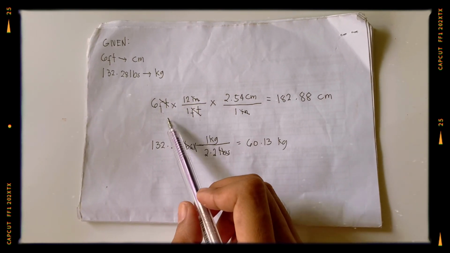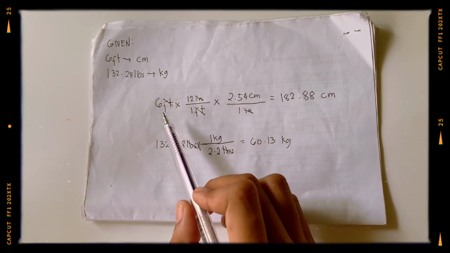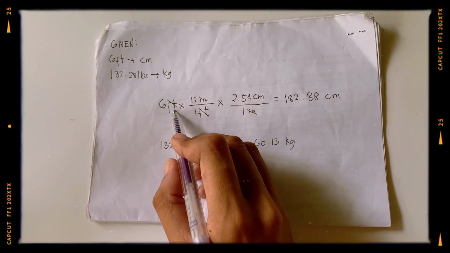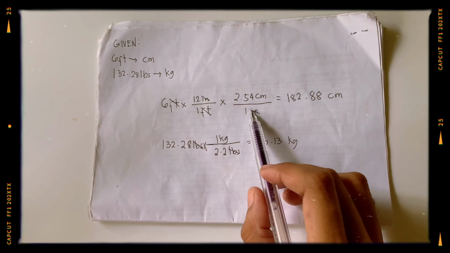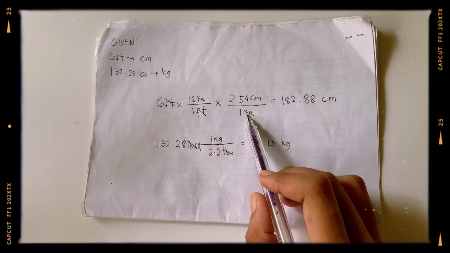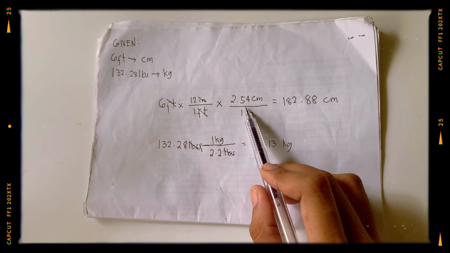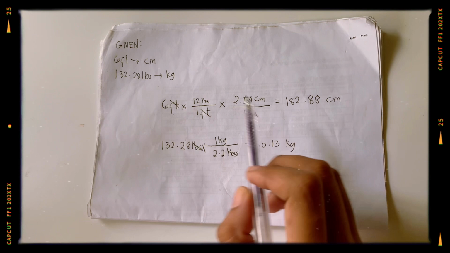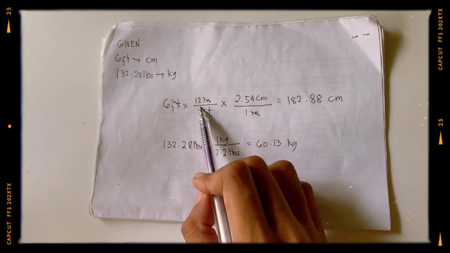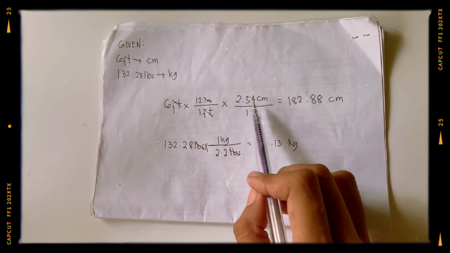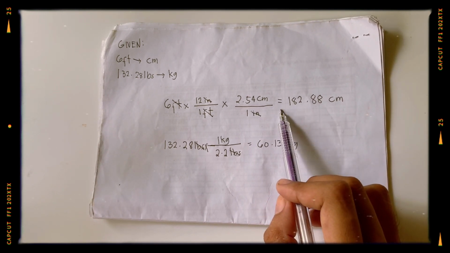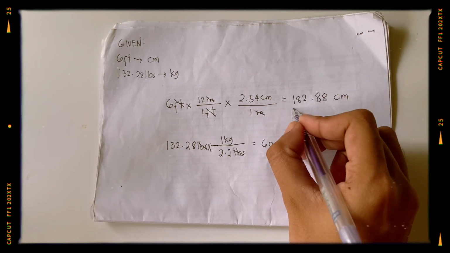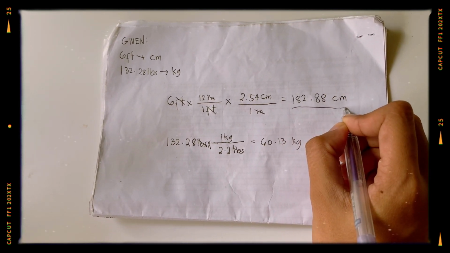So now we're going to convert the 6 feet to inches. 1 foot is equal to 12 inches, so we cancel the feet and move on to the conversion of inches. 1 inch is equal to 2.54 centimeters, so we cancel the inch and multiply 6 times 12 times 2.54 centimeters, and that is equal to 182.88 centimeters. This is the height of Ivan when converted to centimeters.